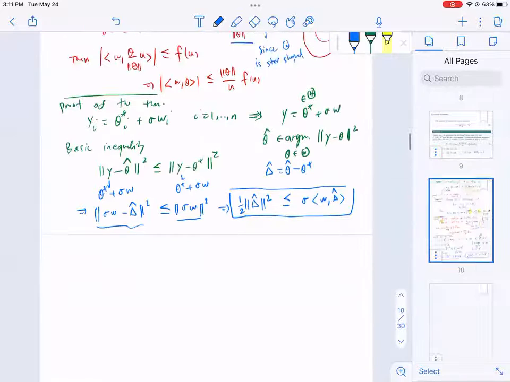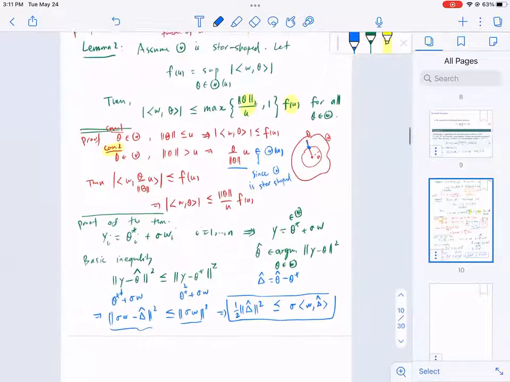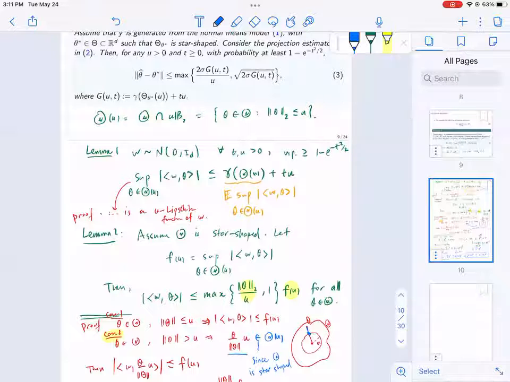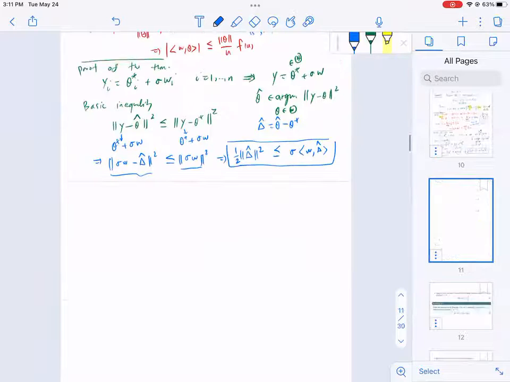Next, what is next? I want to use these two lemmas. If you look at this, delta hat belongs to Theta star, the set of all theta minus theta star where theta is in capital Theta.